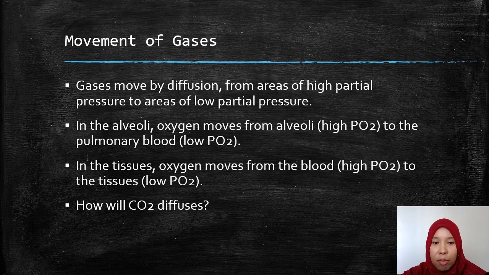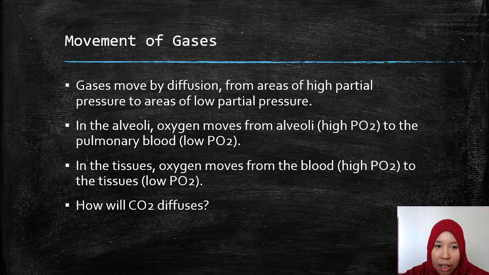An area with low partial pressure has a low level of that gas. So gases always move from a place where there is a lot of that gas, a higher concentration or higher partial pressure, to the area with low partial pressure, low concentration, or less gas.